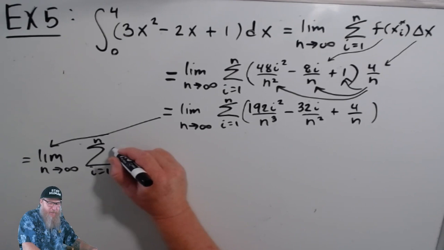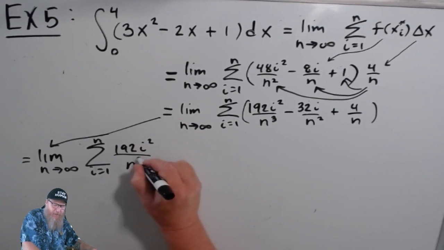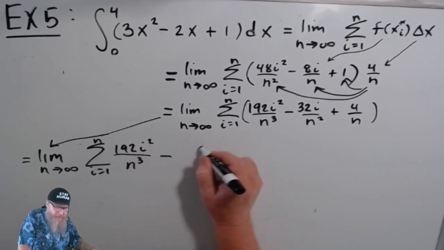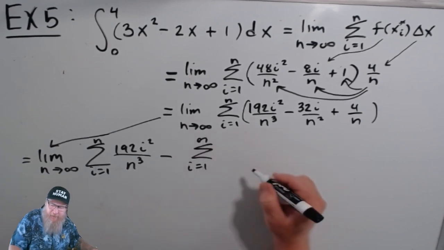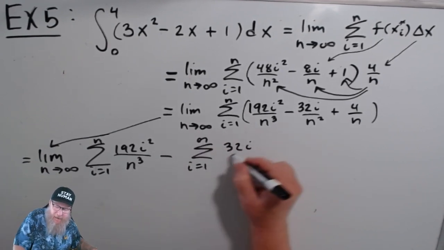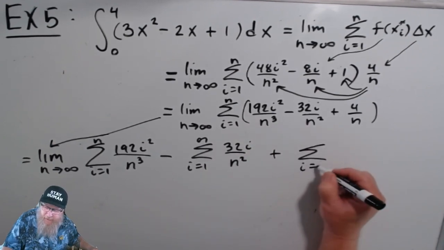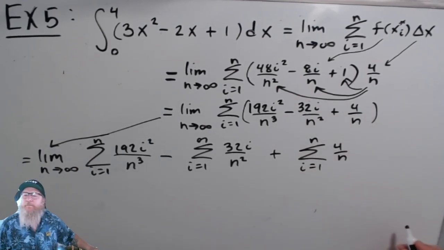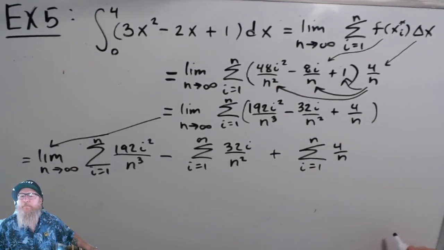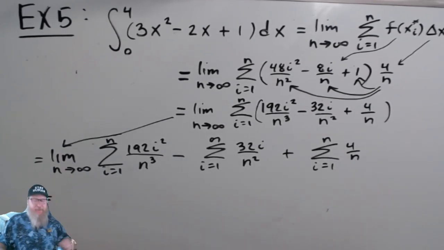So this is going to be 192i squared over n cubed, minus the sum from i equals 1 to n of 32i over n squared, plus the sum from i equals 1 to n of 4 over n. And now we've got those recipes.